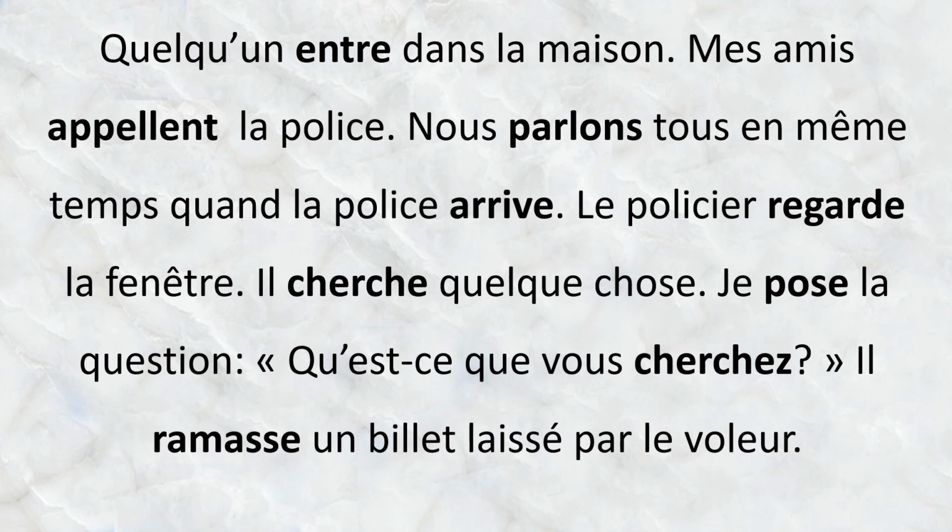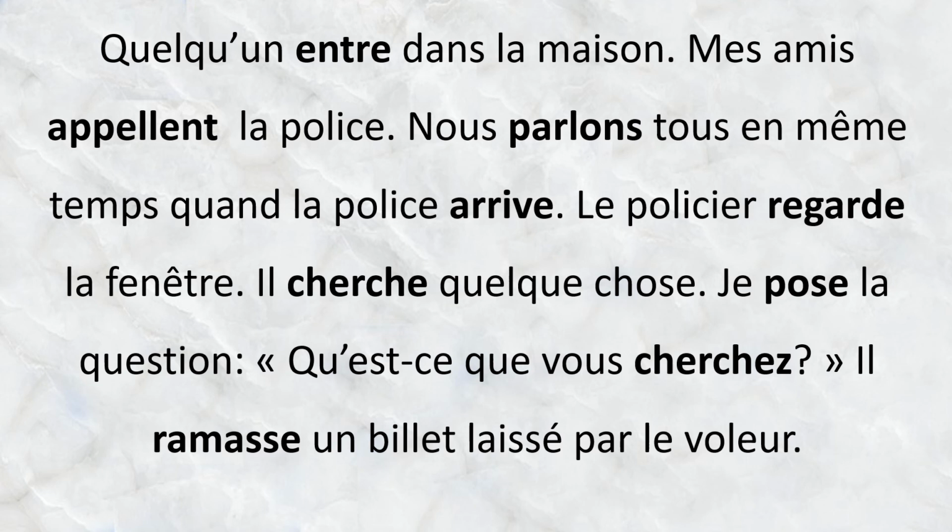So, the first one, quelqu'un entre. Quelqu'un means someone. So, if you have someone, it means you're going to use the he or she form. So, that's the reason why we have entre. Mes amis, it's plural. Okay, so we're going to have they, and the they is the il or the elle plural. So we're going to have the ent at the end.